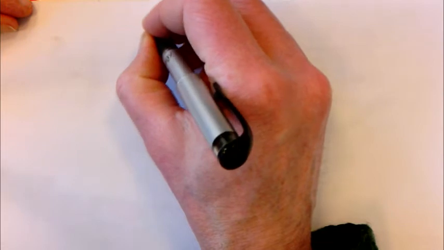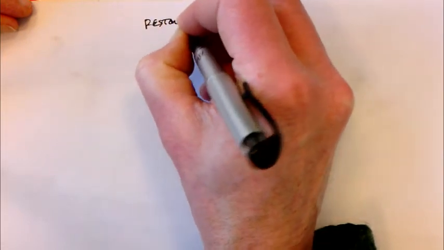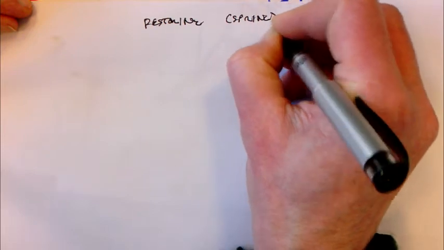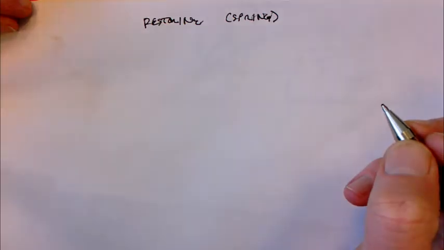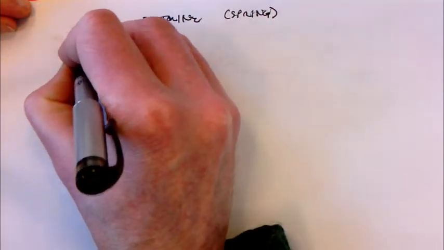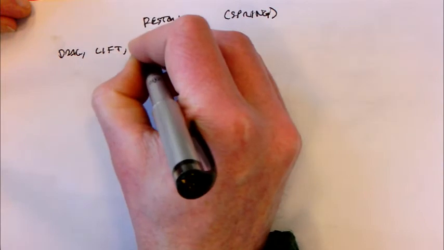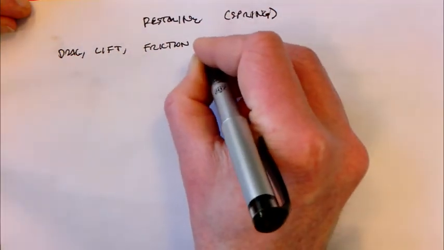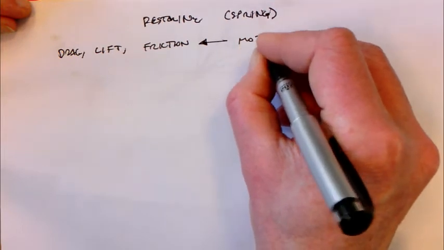So probably the most common type of phenomenological force that you'll encounter is restoring forces or spring forces. Okay? Now if you recall drag and lift and friction, drag, lift, friction, or kinetic friction, all have to do with what your motion is.